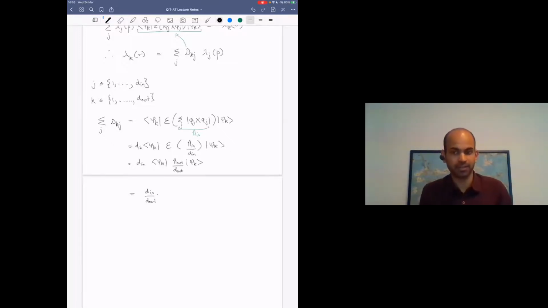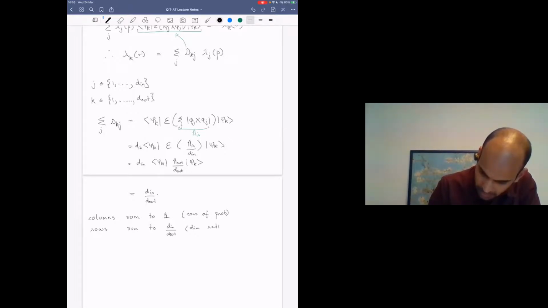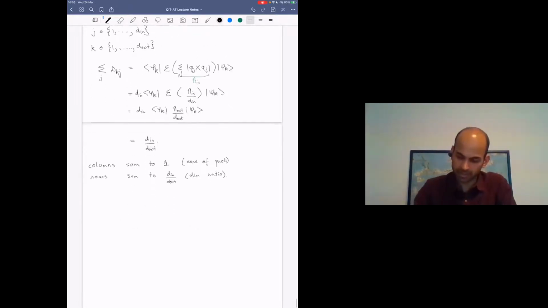But in a doubly stochastic matrix that acts to take something to another state of a different dimension, we still must have that columns sum to 1, but rows sum to d_in over d_out. The reason is that this follows from the conservation of probability, and this is just from the dimension ratio. So this is a trivial thing that one can check.